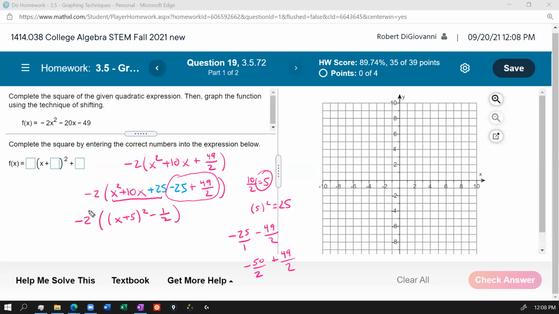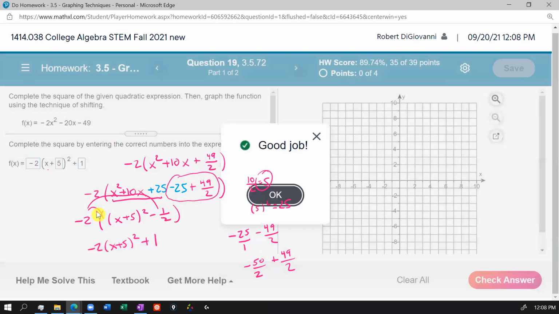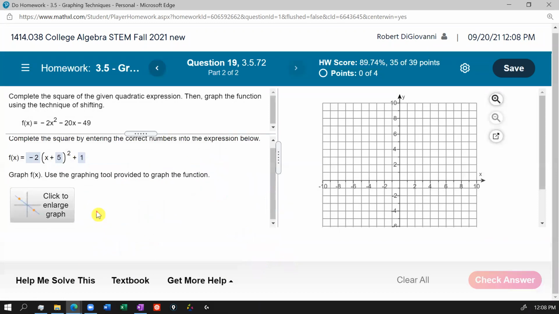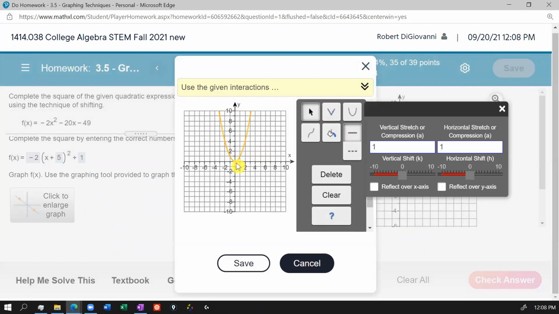Now distribute here to here, -2, x plus 5 squared. Here to here, you get 2 negatives become positive, and it should just be +1. All right, so -2 up front. That should be +5. And then the last one +1. Now this means we're going to take a parabola, starting out at the origin.